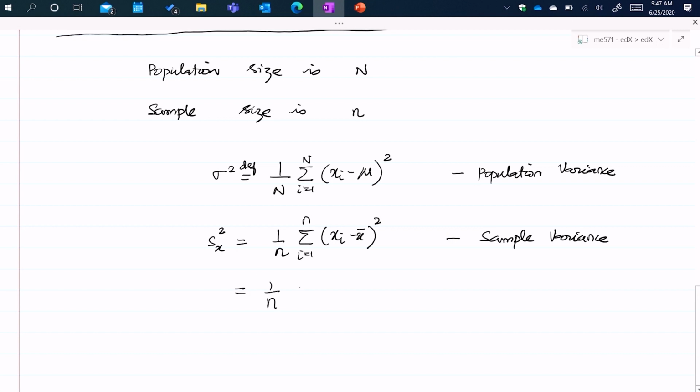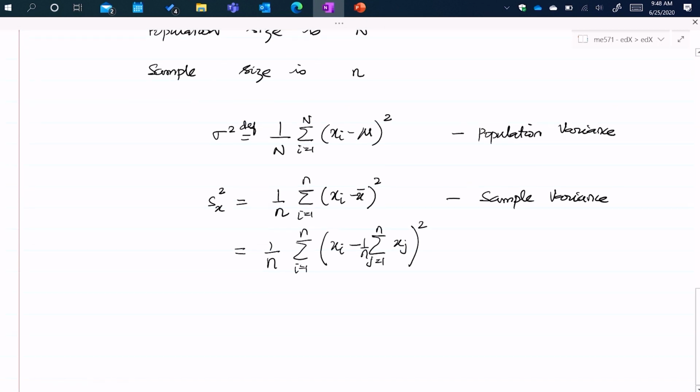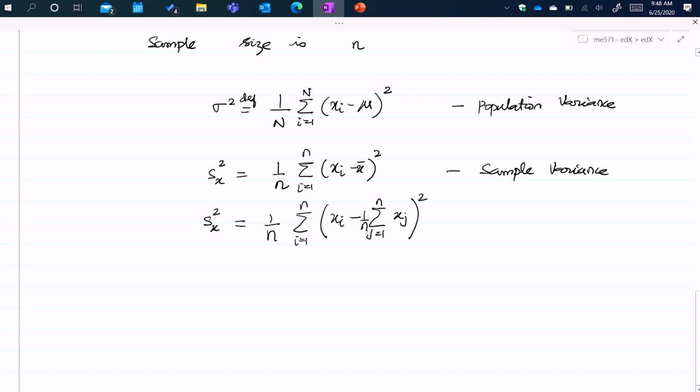So I can write this as summation i going from 1 to n of xi minus 1 over n summation j going from 1 to little n of xj, this whole thing squared. Okay, so that's my sample variance. Now I can ask the question, what is the expected value of this sample variance?